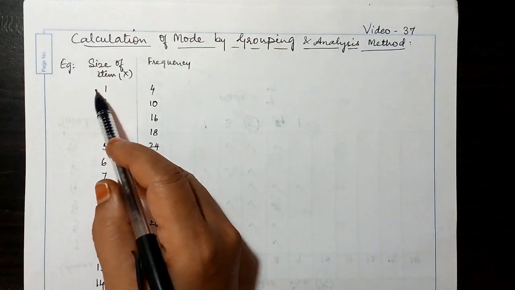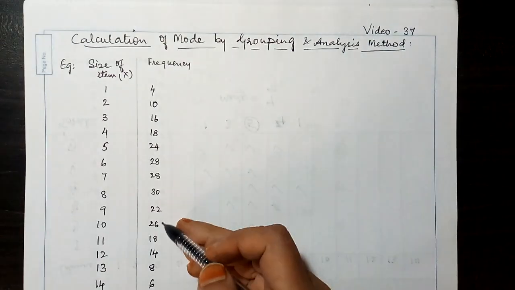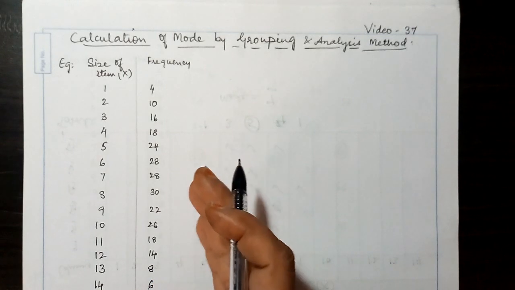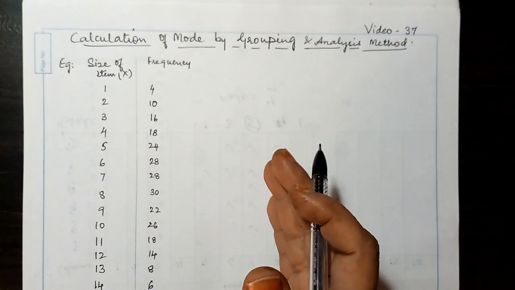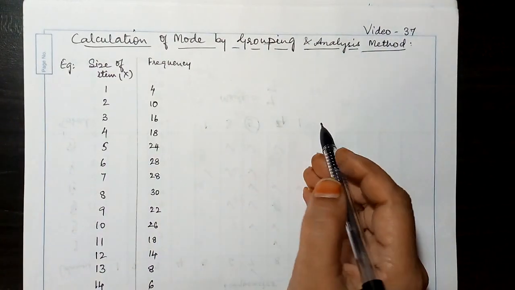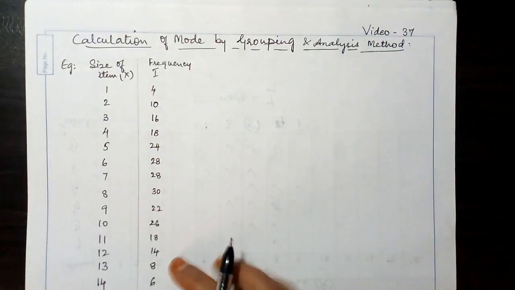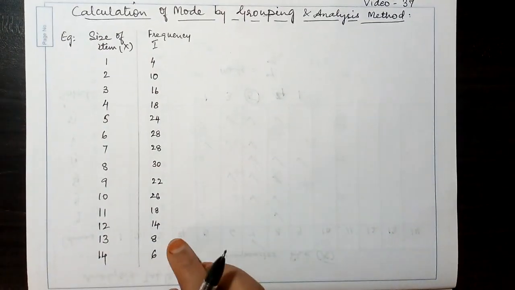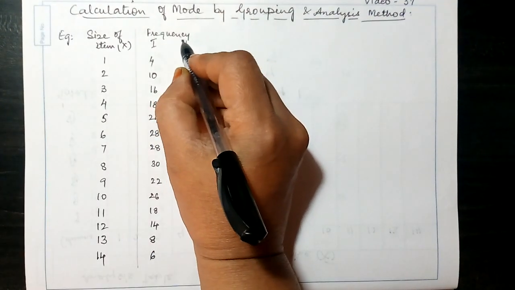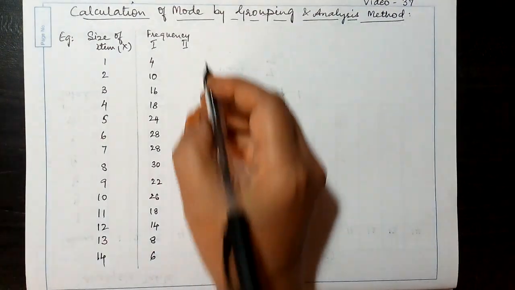Here we are given an example where we are given the size of the item and also we are given the frequency. Now the first step over here is to form six columns. The first column will be the given frequency column. Then we will have the second column, in which we are going to add these frequencies in twos.